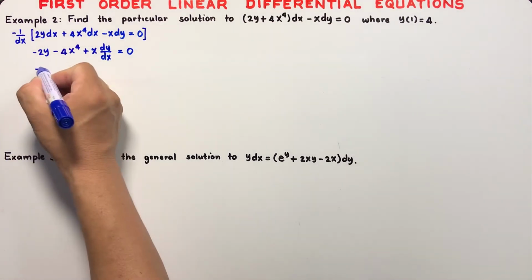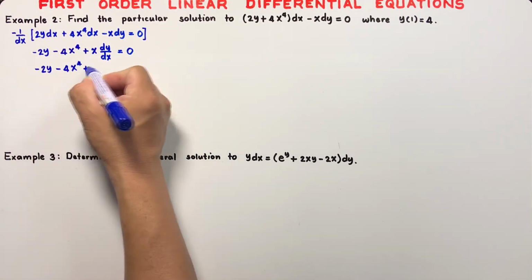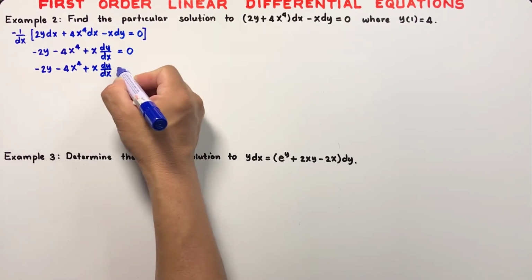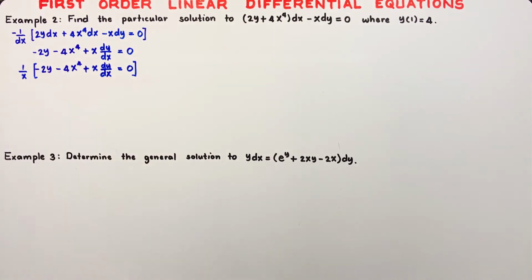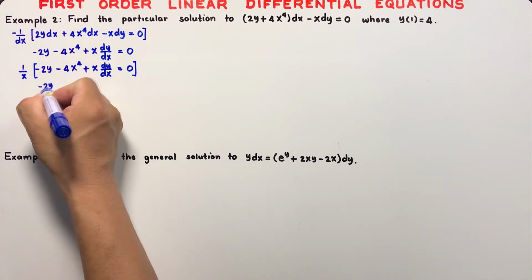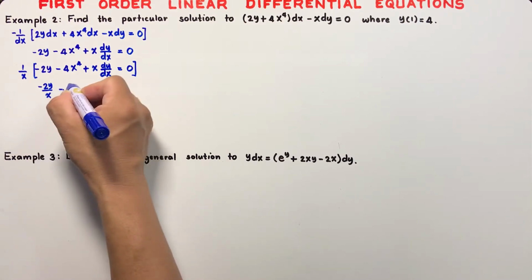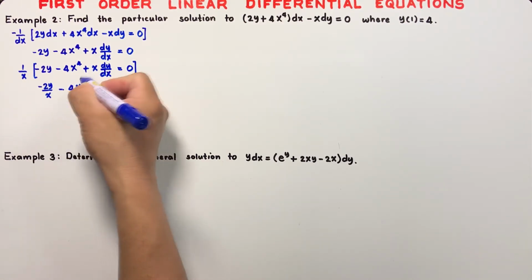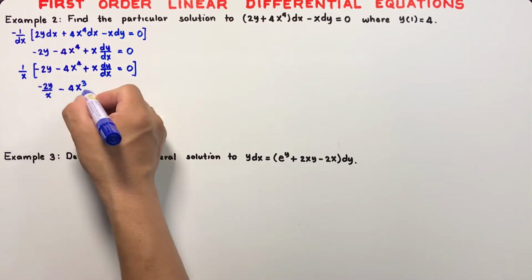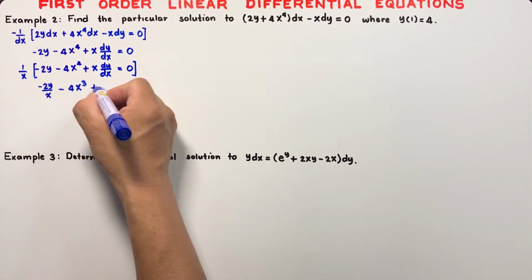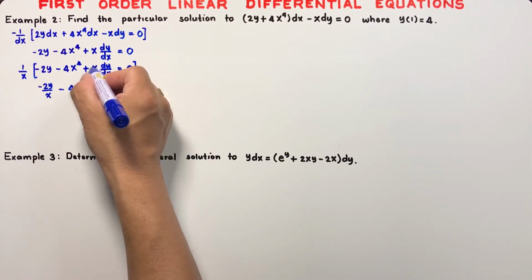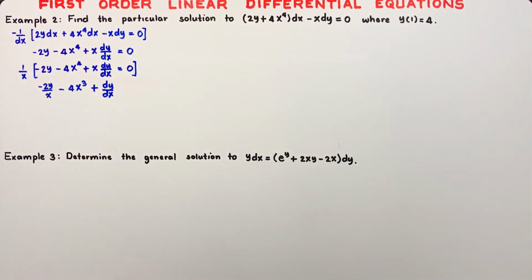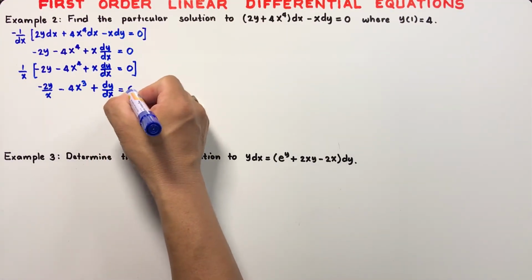And we can do that by multiplying this resulting equation by 1 over x. So multiplying both sides of the equation by 1 over x. So the result is negative 2y over x minus 4x cubed, because this is x to the power 4 divided by x. The result is x cubed, plus derivative of y with respect to x, because this x here and this x in the denominator cancels each other, and this is equal to 0.